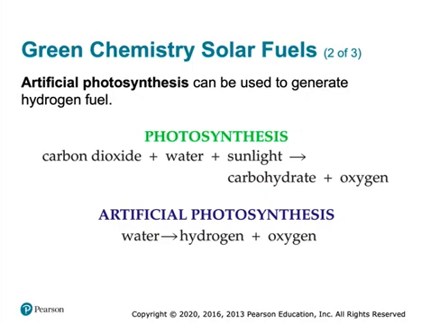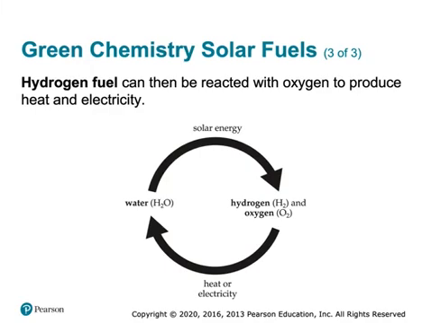Okay, so artificial photosynthesis to crack the water into hydrogen, and we're thinking that we could use this to generate heat and/or electricity with solar fuel here. So this is something we're going towards. It's hard though.